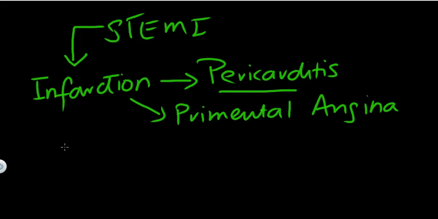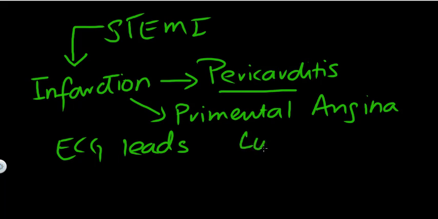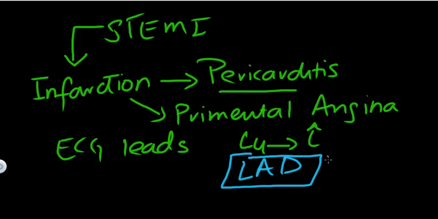However, if you check on the ECG leads, there are different leads for different blood supply, and if you see an elevation in the anterior leads, the artery responsible would be the left anterior descending artery.